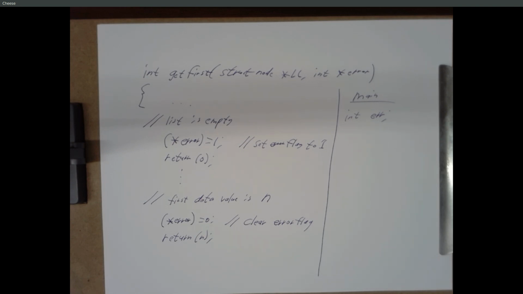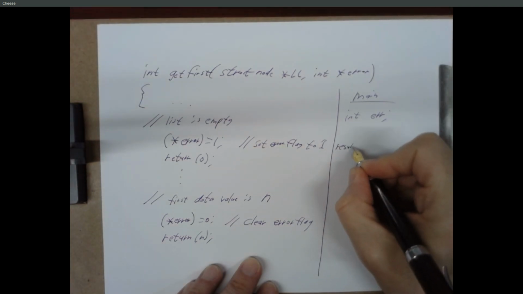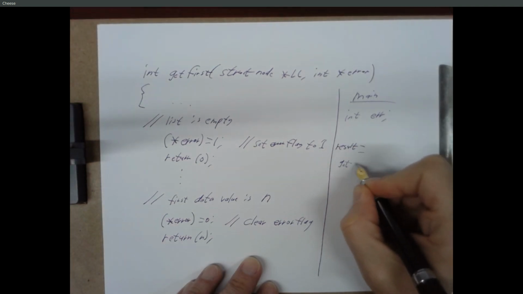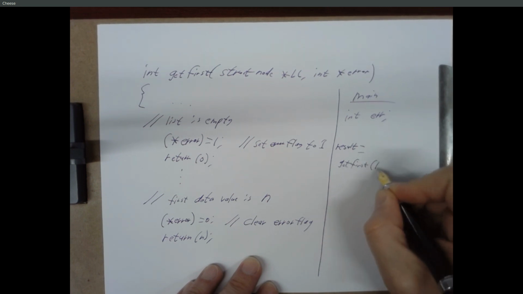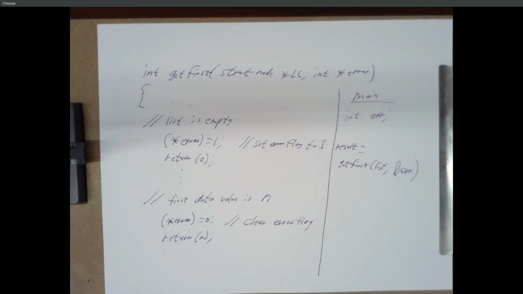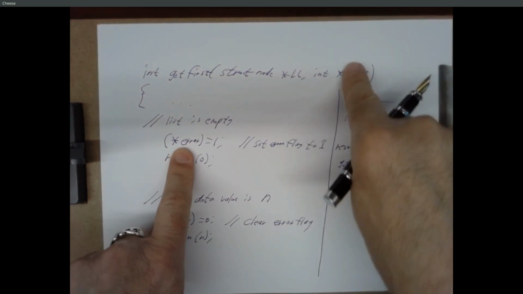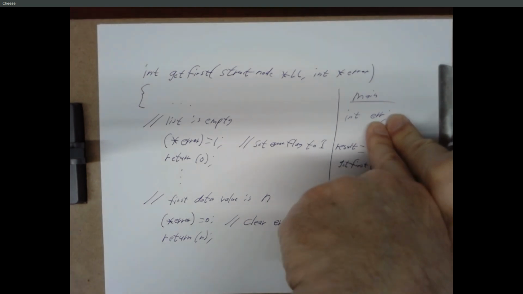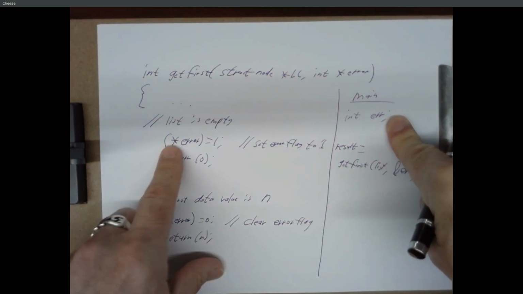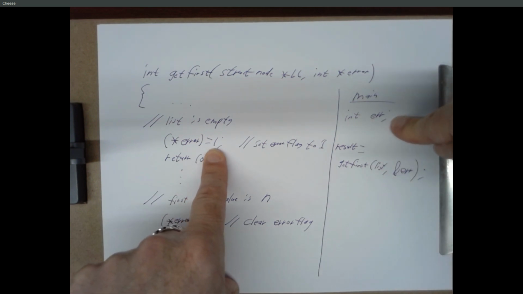So I'm going to declare it to be an integer, but then I'm going to say something like result equals getFirst(list, &ERR). That says pass the address of that variable. And so inside here, error would be the address of this variable in main. And when I say take the thing pointed to by that and set it to 1, it actually sets this variable in main equal to 1.